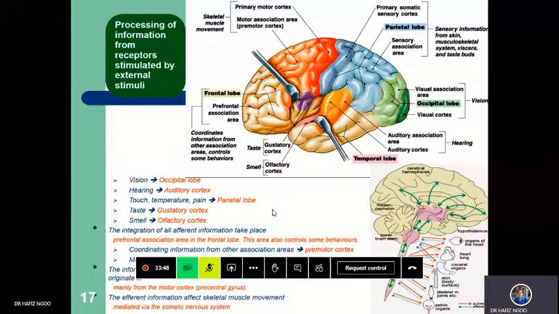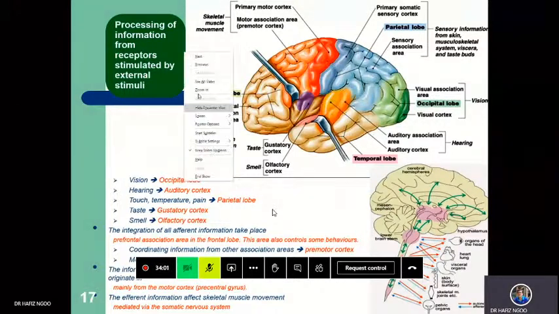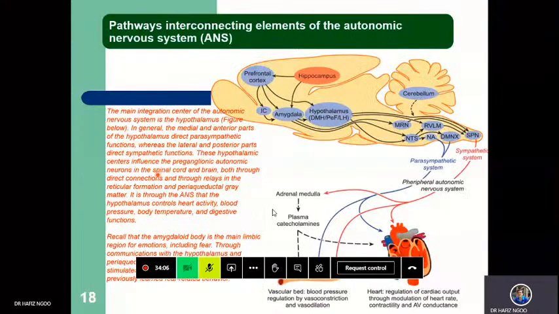So we already have the limbic system function, the motor center, and the behavioral response. Okay, we look at the next questions.